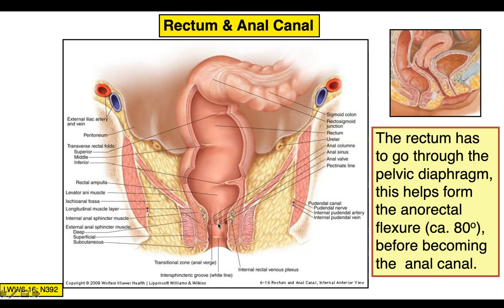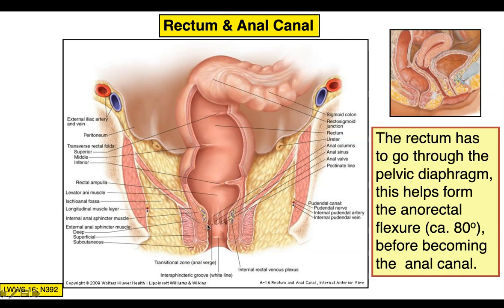If we draw a line where the anal valves lie, this is called the pectinate line. Pectinate line is an important junction of the anal canal. It indicates the junction of different nerve supply. Above the pectinate line, the anal canal has one type of nerve supply, and below the pectinate line it has another type of nerve supply.